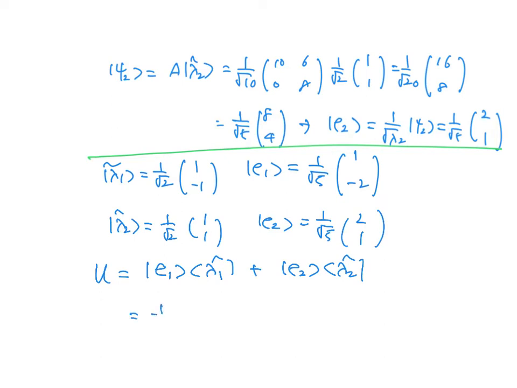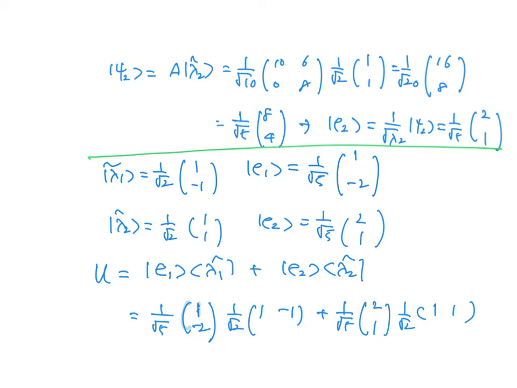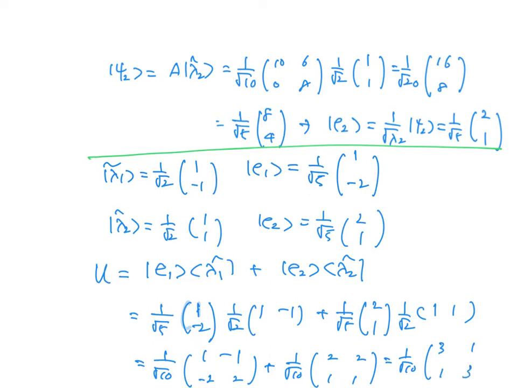Putting them together with 1 over square root of 10, we get (1, minus 1, minus 2, 2) plus (2, 2, 1, 1), so 1 over square root of 10 times (3, 1, minus 1, 3).